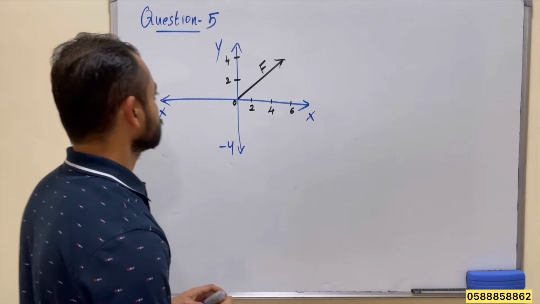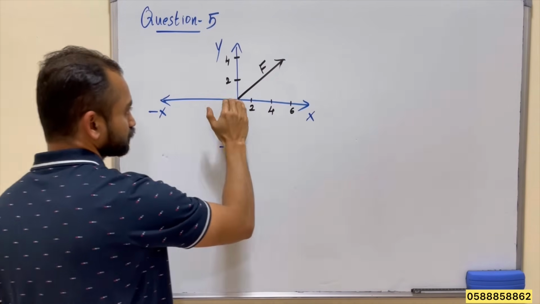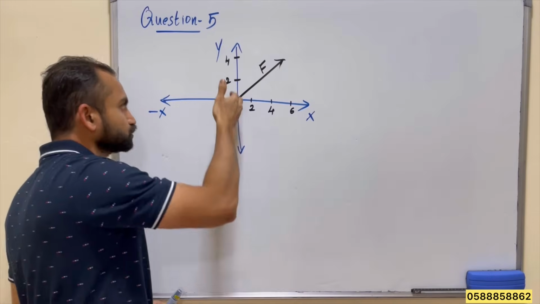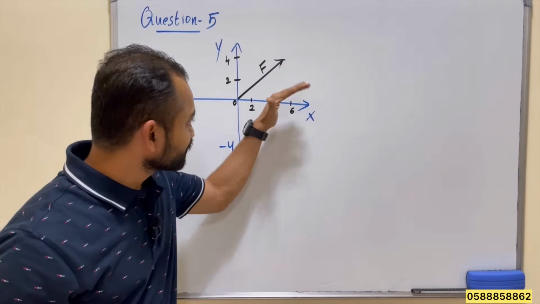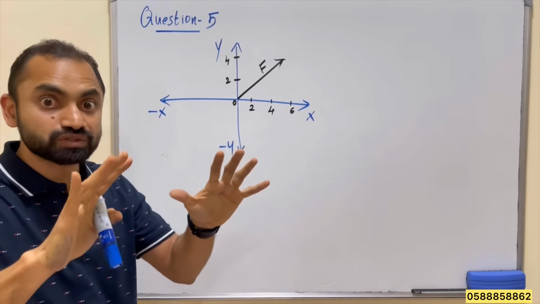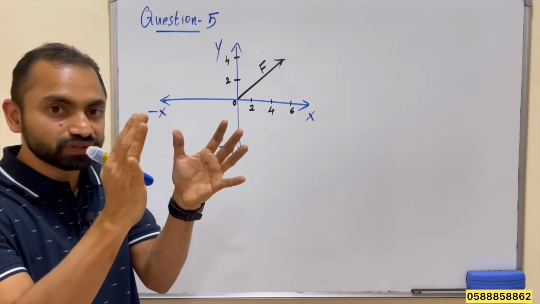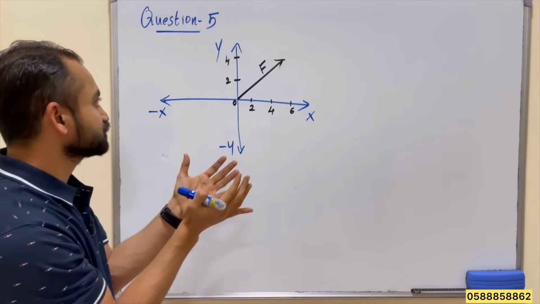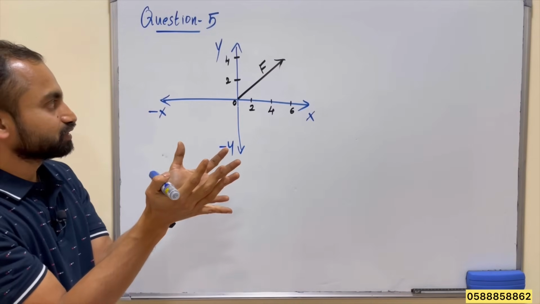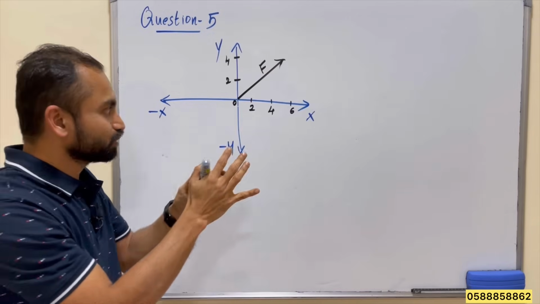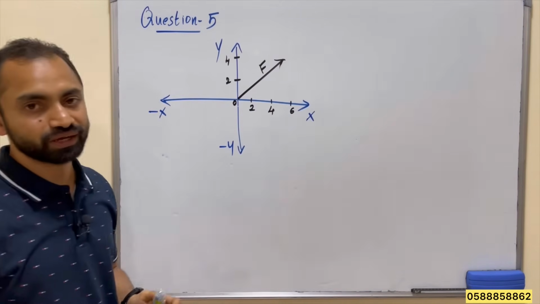You can see this vector F, this force F, is not along the x direction, not along the y direction. It is in between x and y. So it has both x and y. A part of it is x and a part of it is y. So this force is a combination of force along the x direction and force along the y direction.